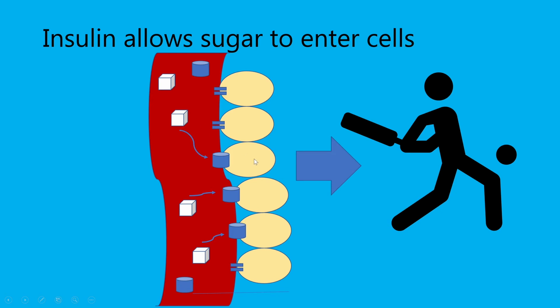And then once that sugar is in the cell, then the cell can metabolize it or use that energy to do whatever it has to do. Maybe that's if all your cells have enough sugar, you can go out and play cricket and use metabolic energy. So here we have sugar entering the cells through insulin binding to the cell, allowing the sugar to enter the cell. And this is what happens when things work normally.